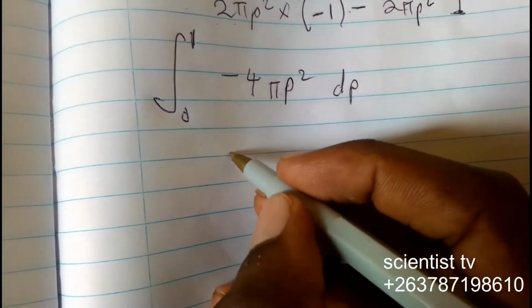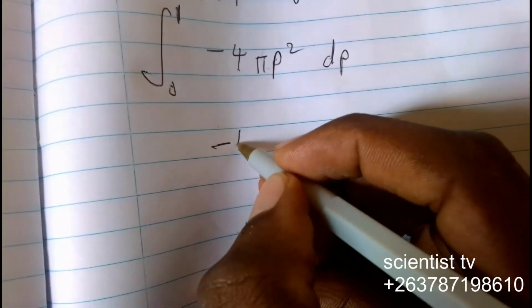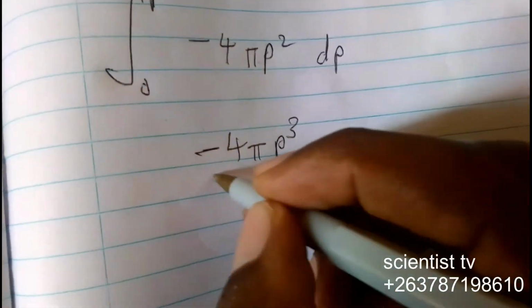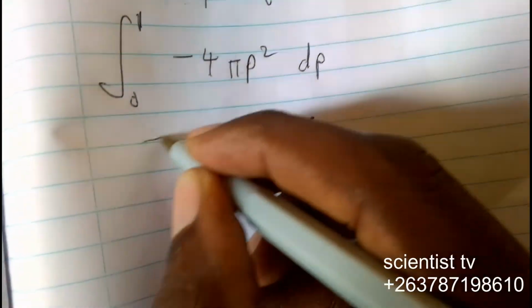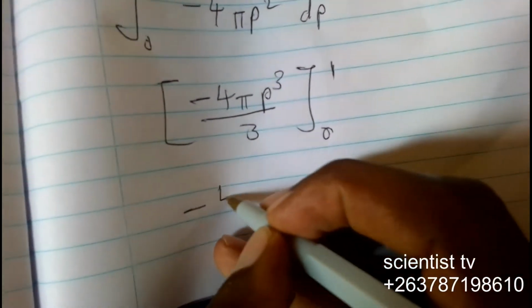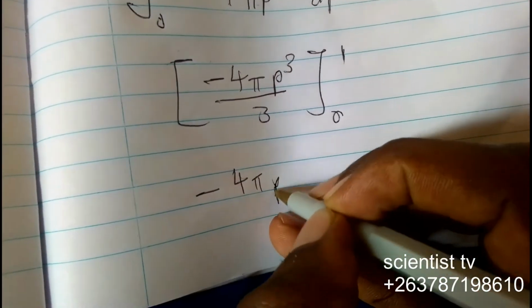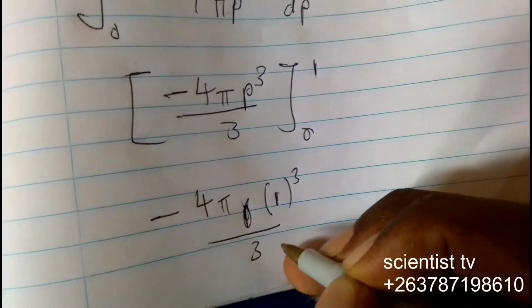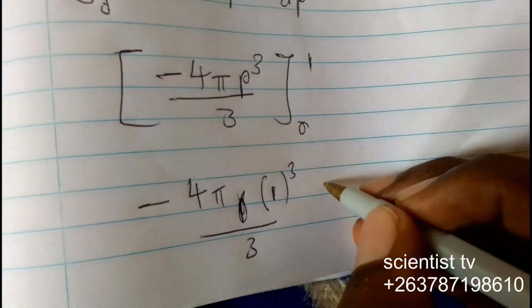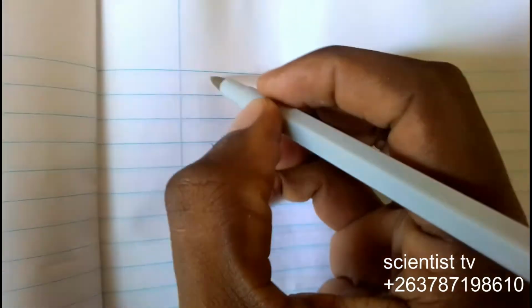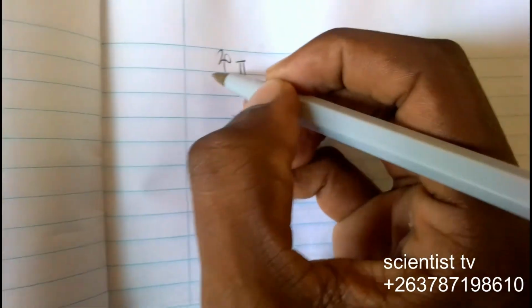If we integrate this, it's 4 pi rho cubed over 3 from 0 to 1, and this becomes -4 pi rho. Now evaluating, this becomes 1 cubed over 3 minus 0, so it becomes 4 pi over 3.